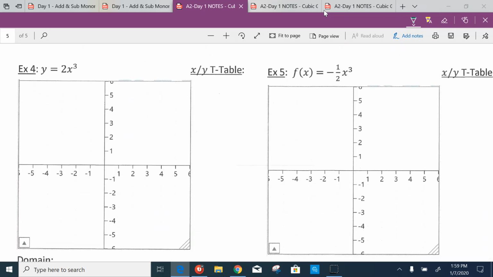Now we have 2x cubed and negative 1/2 x cubed. These two I'm going to leave for you to do, but we're going to go ahead and make our predictions. The predictions will tell you how it should look after you graph it. So 2x cubed. The 2 in front is a number that's bigger than 1.